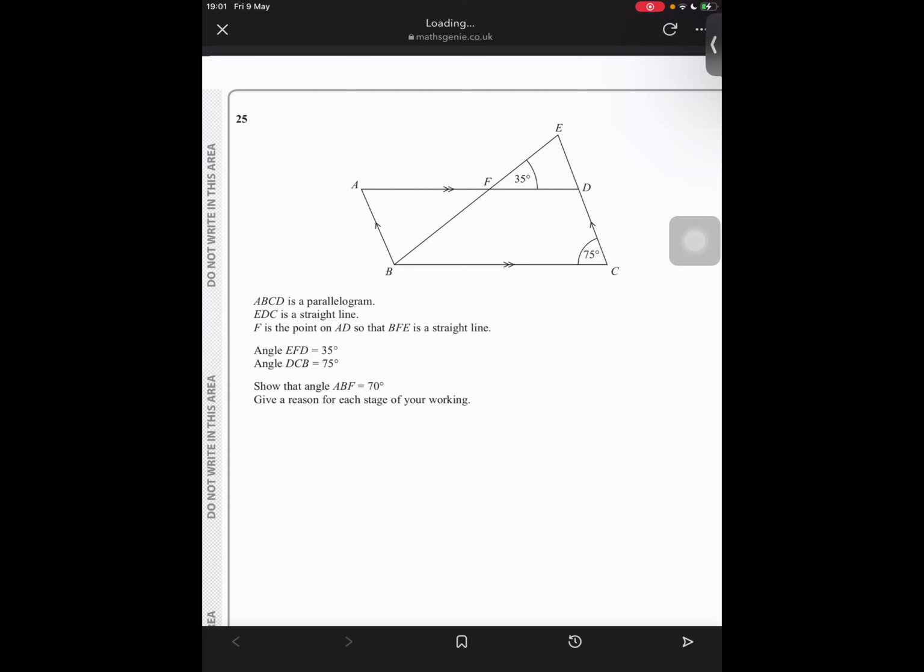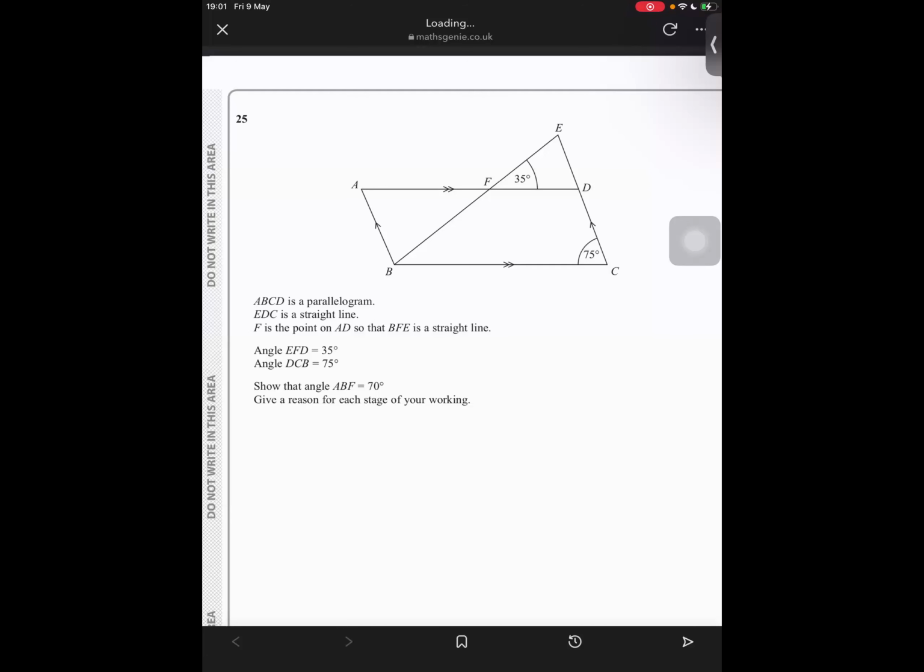Yes. Okay, now that we know that that is 75, guess what? The angle at F, now I want you to look at F very critically. On the right hand side of F, you have what angle there? 35. Thank you very much. Do you remember when I told you something about vertically opposite angles?